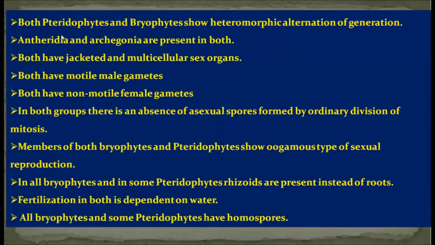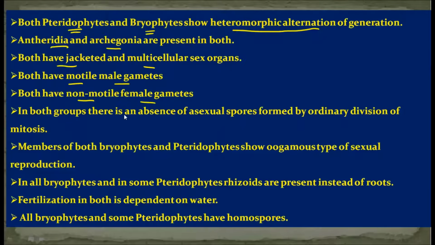So in summary, we have seen the 10 similarities between the pteridophytes and the bryophytes. Both show heteromorphic alternation of generation. Antheridia and archegonia are present in both. Both have jacketed and multicellular sex organs. Both have motile male gametes. Both have non-motile female gametes.